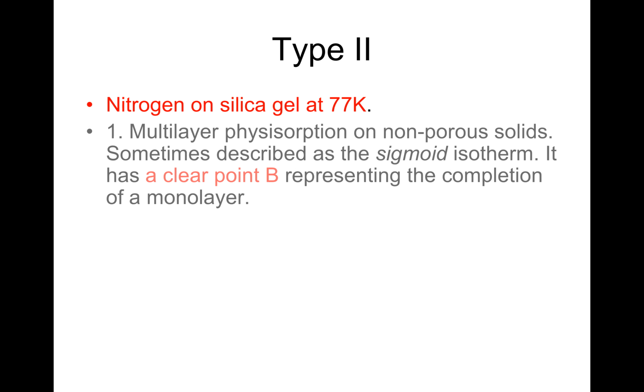Let's now look at type 2. A good example of type 2 adsorption isotherm is nitrogen on silica gel at 77 K. Multi-layer physisorption on non-porous solids, sometimes described as the sigmoid isotherm. It has a clear point B representing the completion of a monolayer.